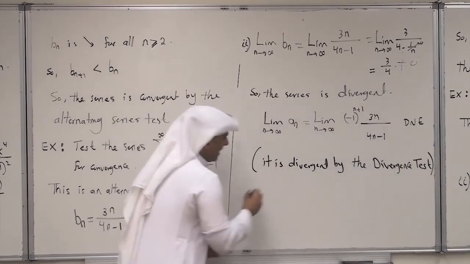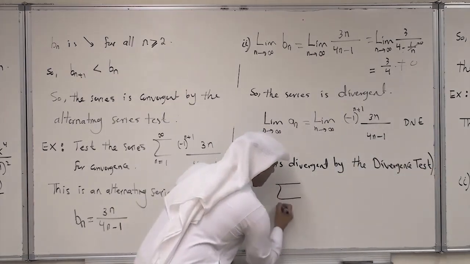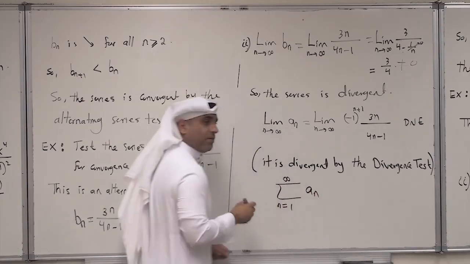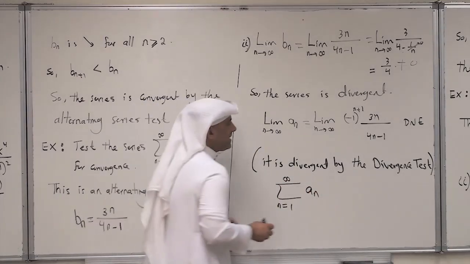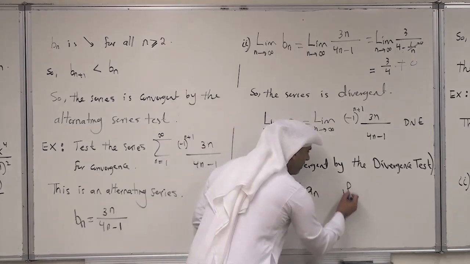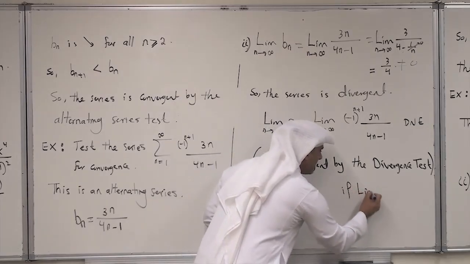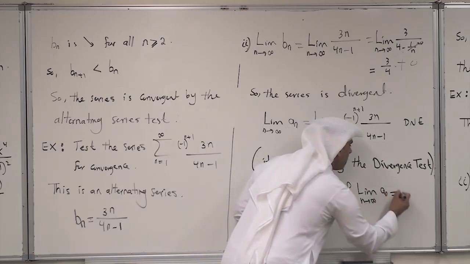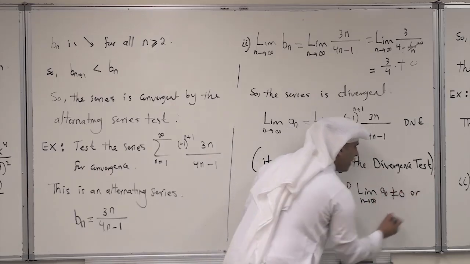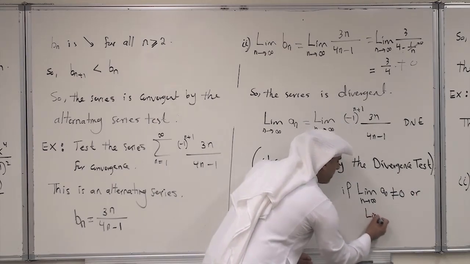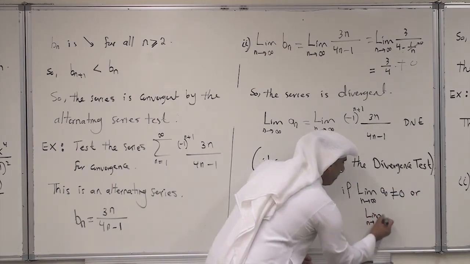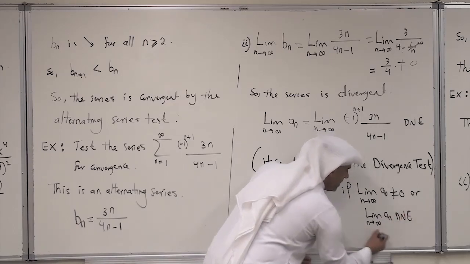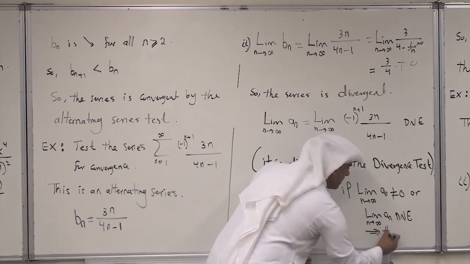The divergence test says, if you have a series from n equal to 1 to infinity, where the nth term is given by an, and if the limit as n goes to infinity of an is not equal to 0, or the limit does not exist, this implies the series is divergent.